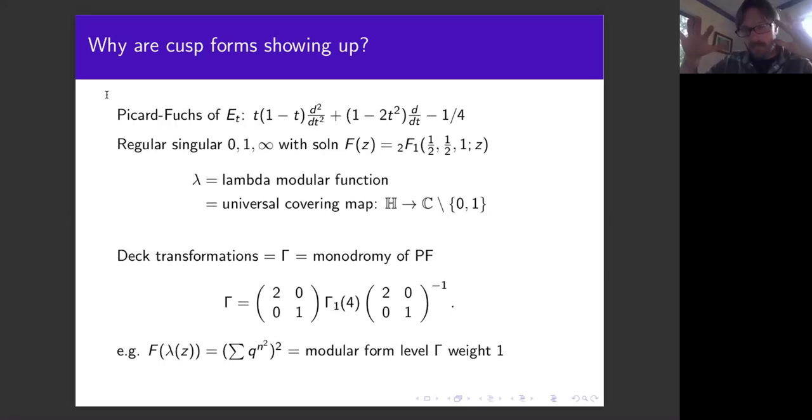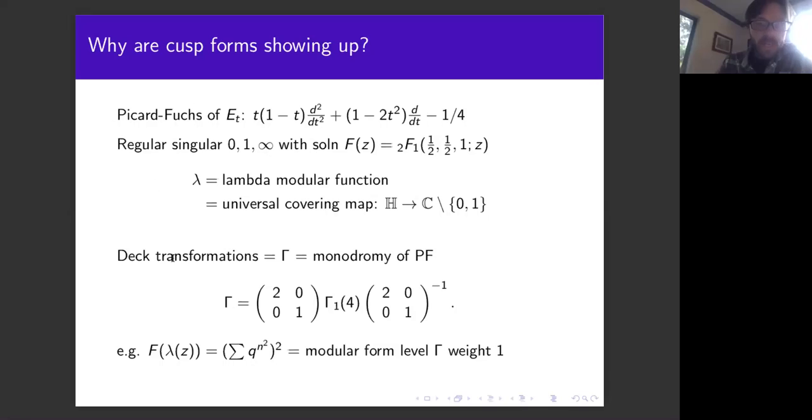And by nature, I have to get into some of the technicalities of this. So it's a bit technical, and there'll be hand waving and so forth, but I apologize, and I'll do my best to explain a little bit about how cusp forms are showing up.